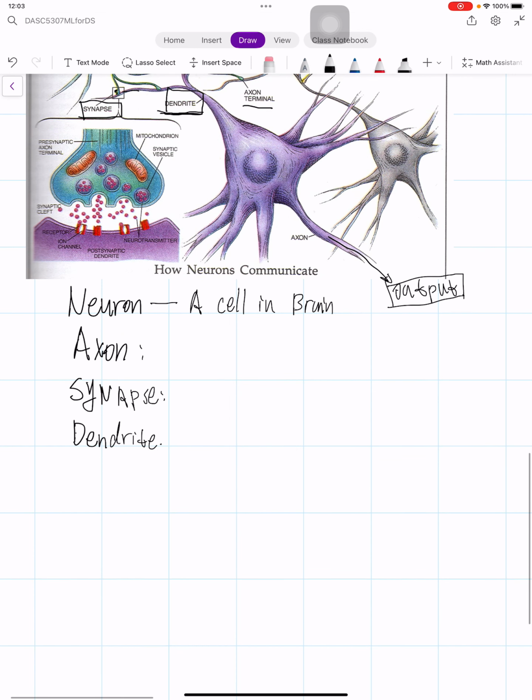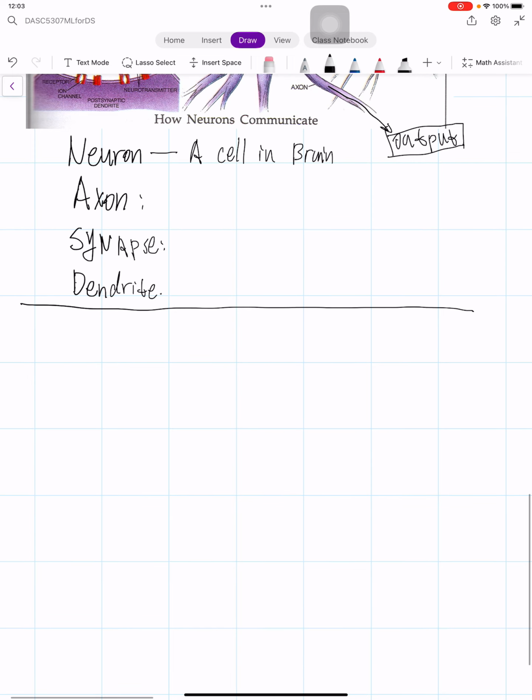And there are actually analogies between brains and neural networks.